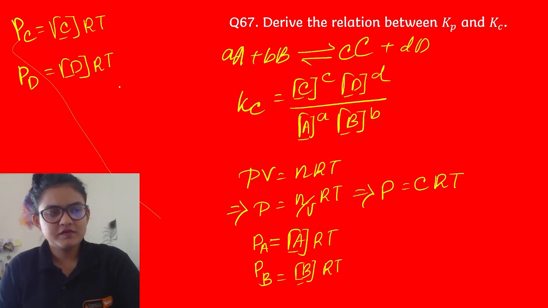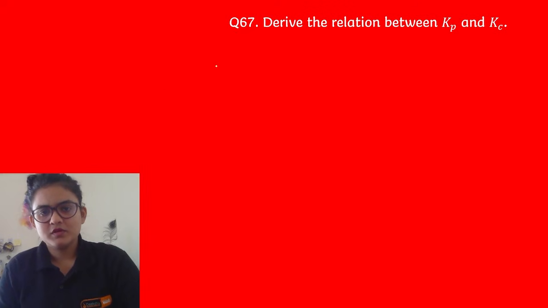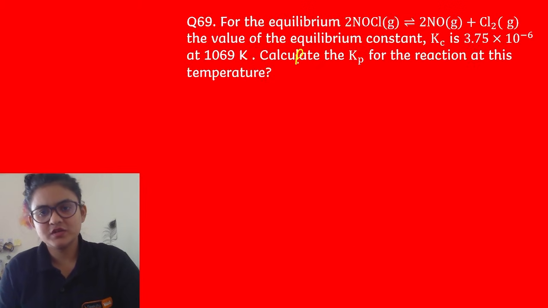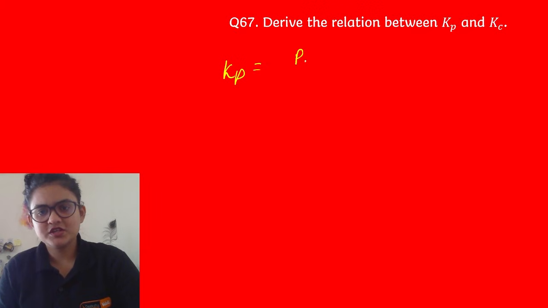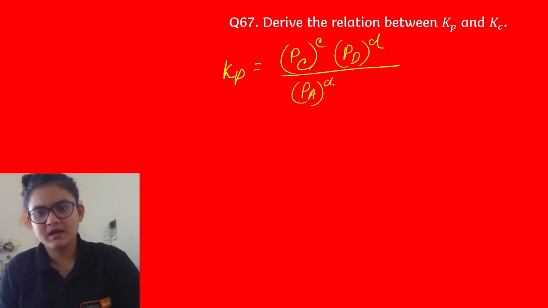Okay, so now if I write the Kp form, Kp can be written in the form of partial pressure of C power c, partial pressure of D power d, divided by partial pressure of A power a into partial pressure of B power b.